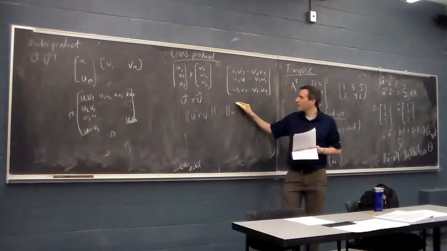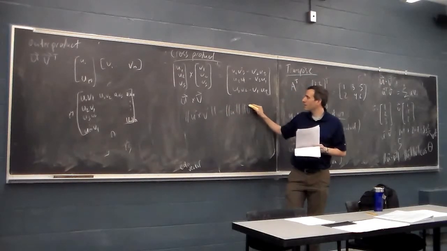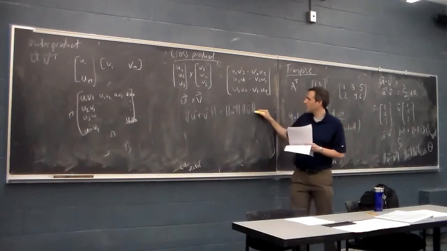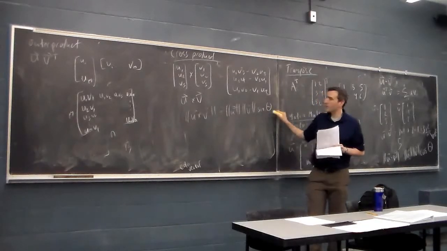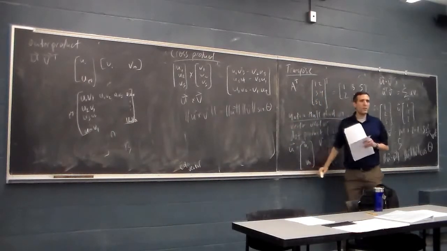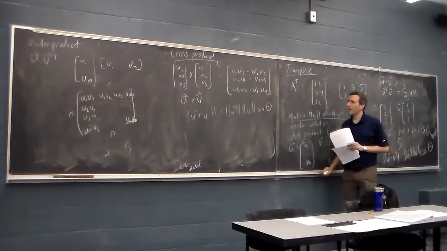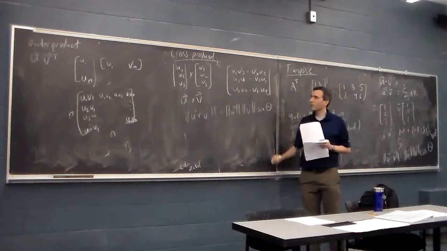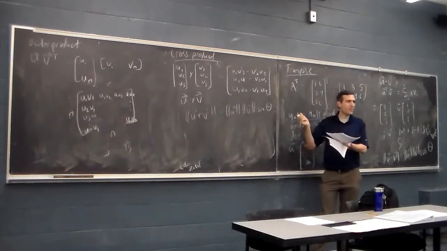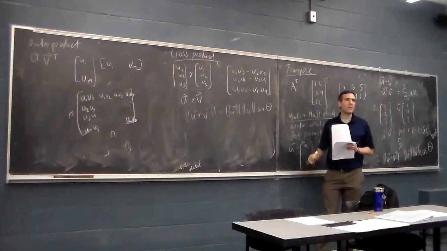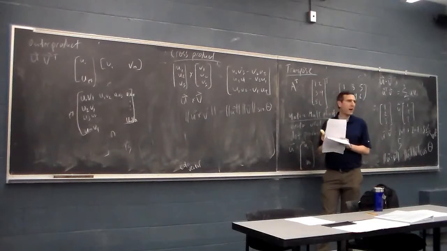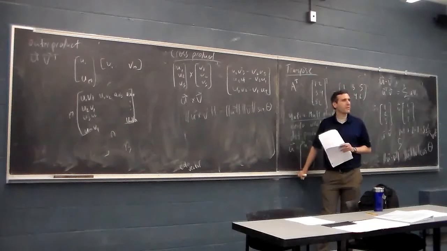That's equal to the length of u times the length of v times the sine of the angle between them. So the cross product would have the property that if the vectors are orthogonal to one another, you have maximum length, and the cross product of 2 parallel vectors has a length of 0. Are there any questions about this?